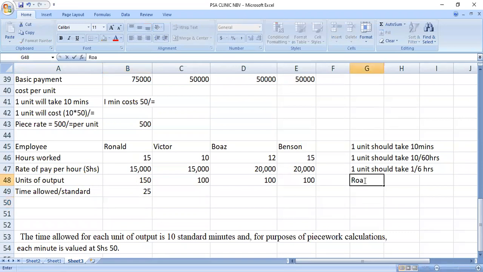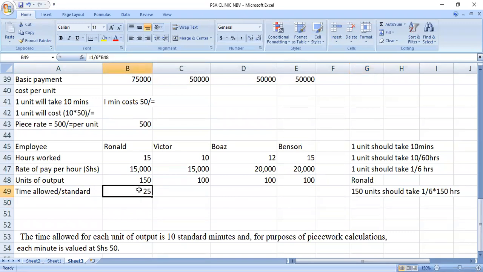For Ronald, the number of units that he produced is 150, so he should take 1 divided by 6 times 150 hours. So let's multiply the fraction by the 150. It's what I've just shown you here. It's the same for all the others. So it's just 1/6 times the units for Victor and so forth.